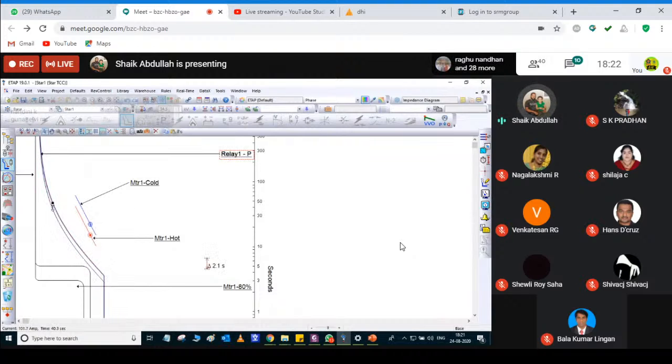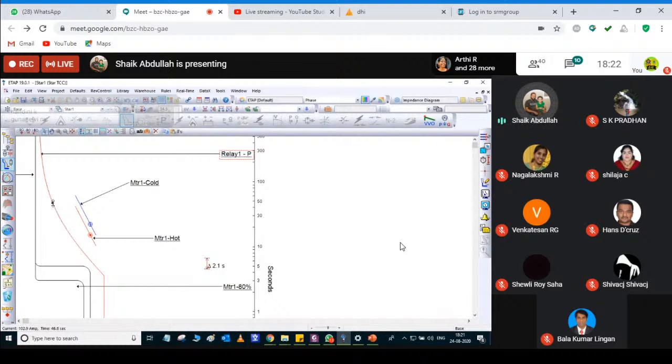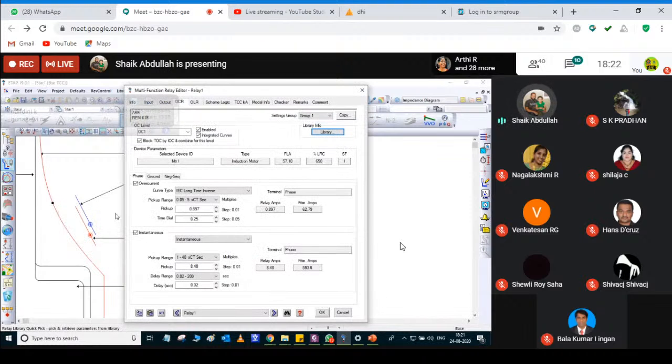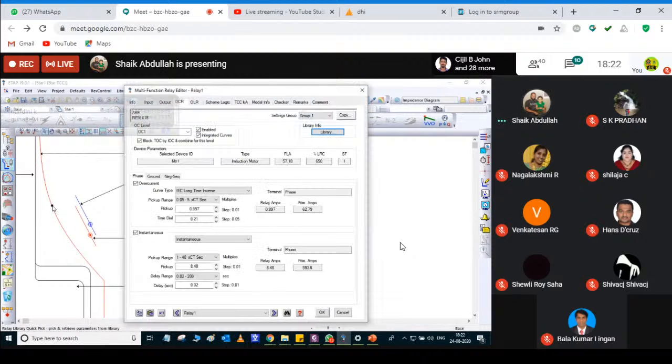This is 2.1 seconds. This is 2 seconds. If it is not possible to do it in your curve, go to your TMS and you can look at it. It is just now reduced to 1 second, no problem. And even if you want to reduce, you can reduce.